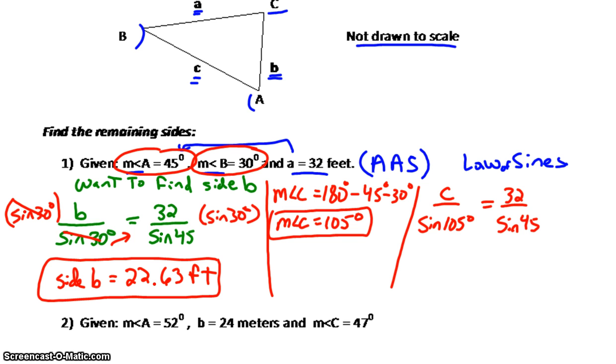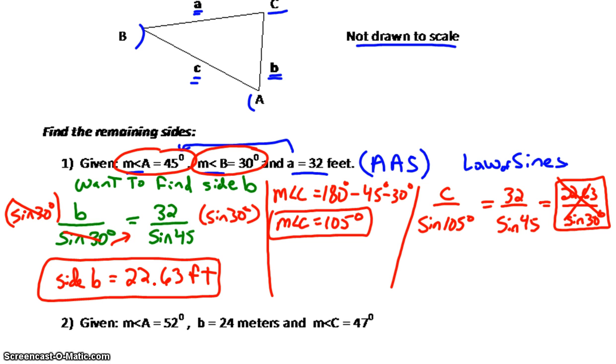I could have chosen to use B, which would have been 22.63 over sine of 30 degrees, and that would have gotten me nearly the same answer, but slightly off due to a rounding error because I had already rounded this. So I choose to use the one I've been given.